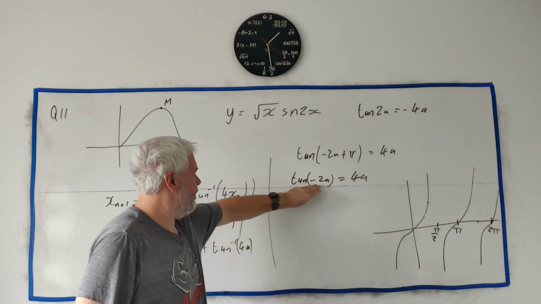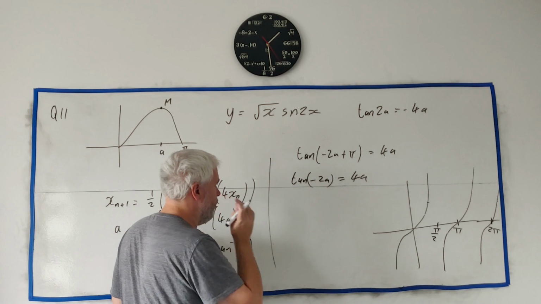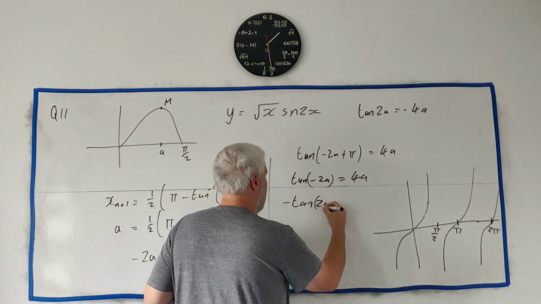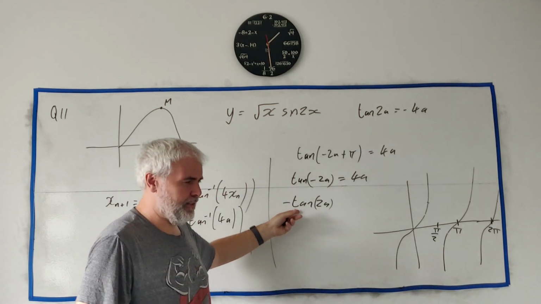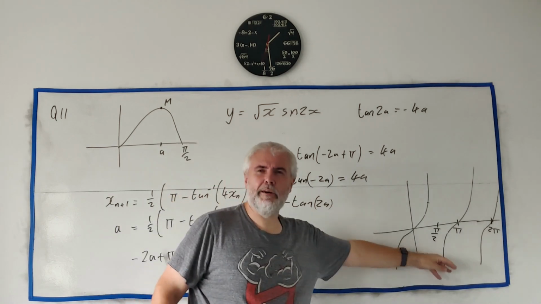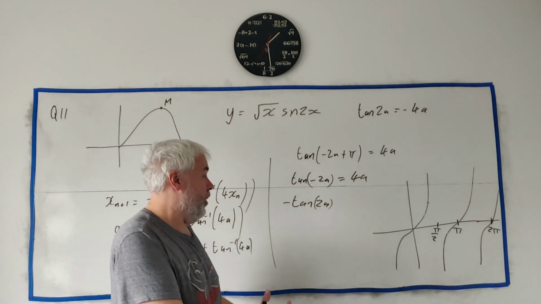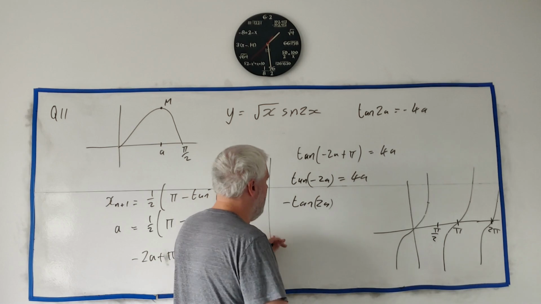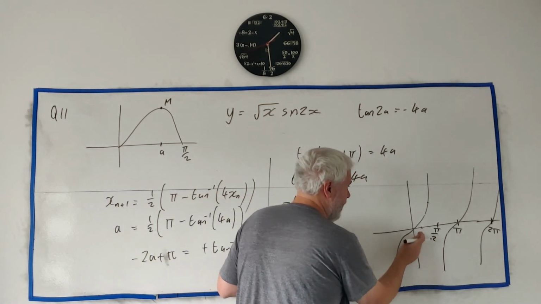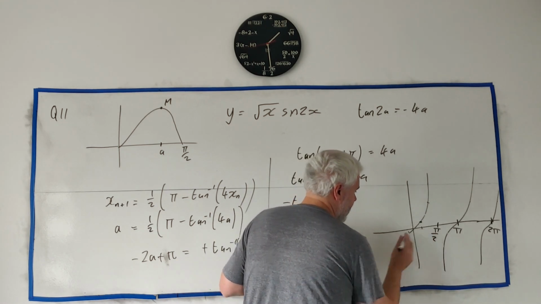You don't have to explain why you know this, but I'll talk through it. This is then the same as minus tan 2a. You don't have to write anything I'm about to say down, but hopefully you do know this. A minus in here. So for example, if I put in, let's say, pi over 6, and I get an answer here.